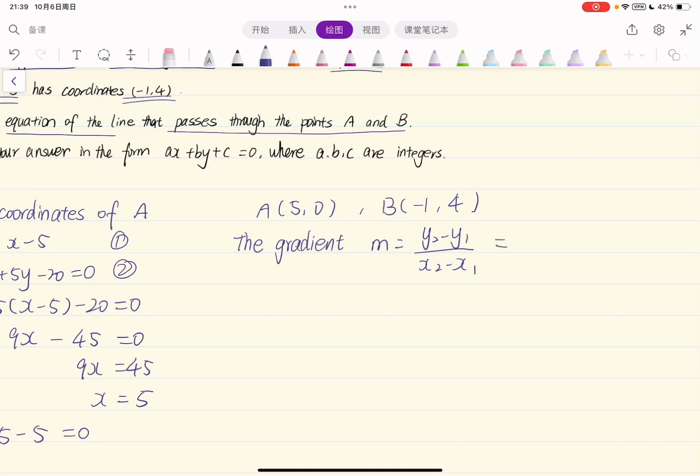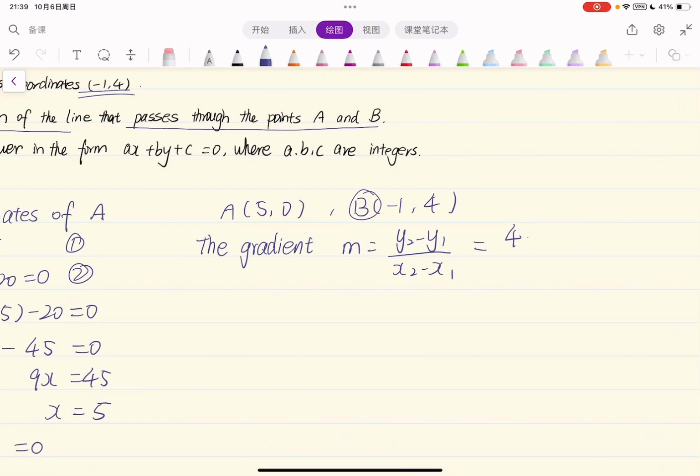So we substitute the y coordinate of B, so 4 minus 0, and x2, that is minus 1 minus 5. What we left is minus 2 over 3.